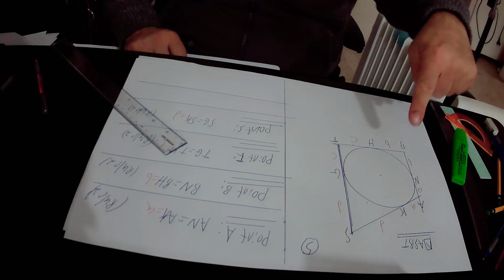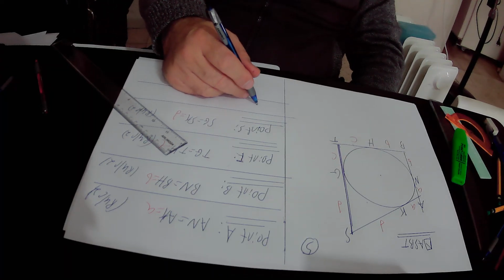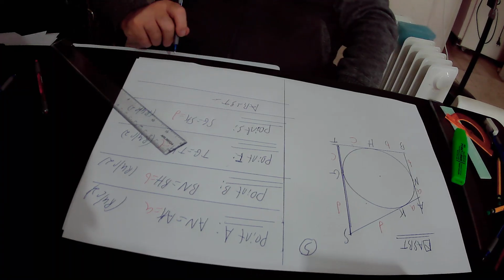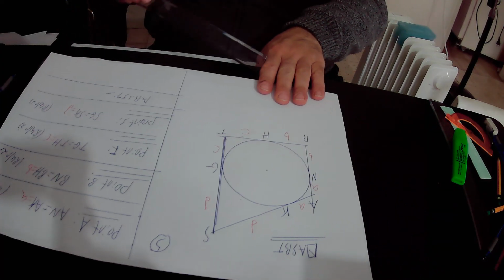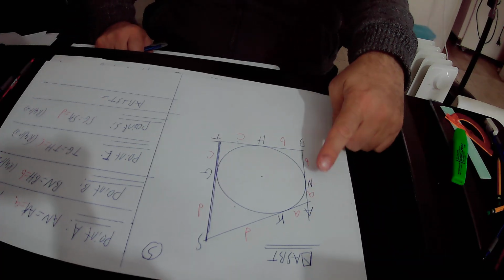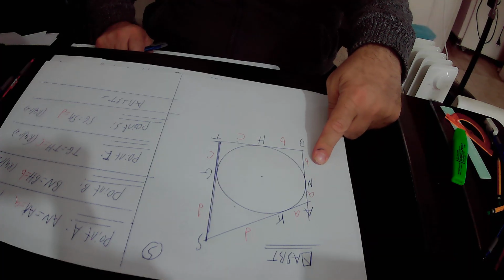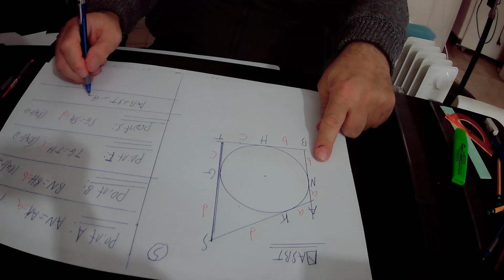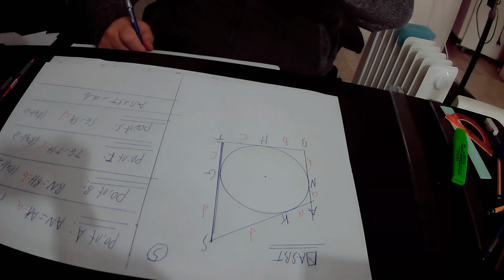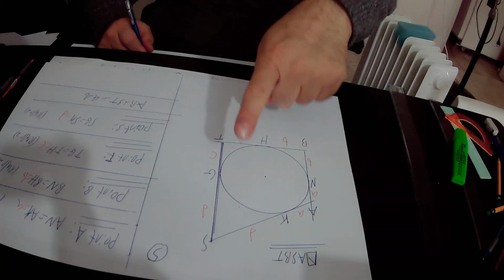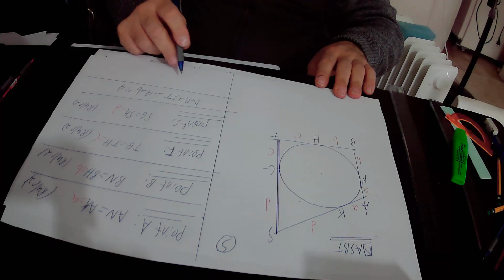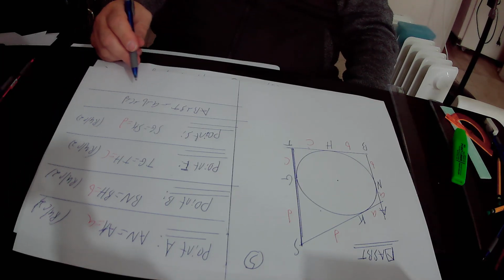Again, we join side AB to side ST. From the drawing, it is very easy to see that the length of side AB is A plus B. So AB plus ST, where ST equals C plus D, in total equals A plus B plus C plus D.